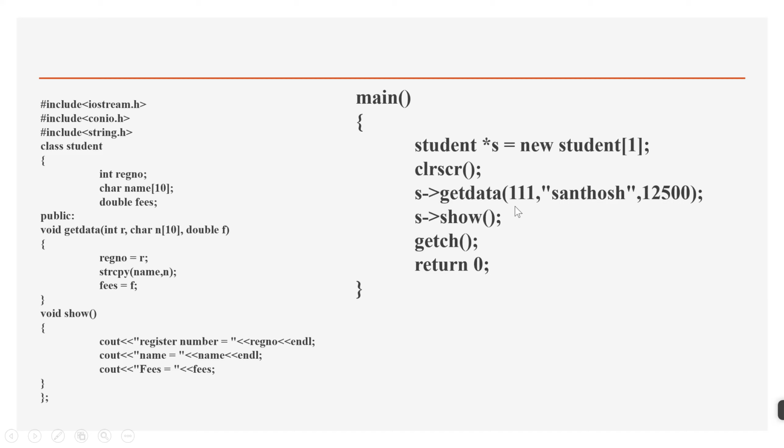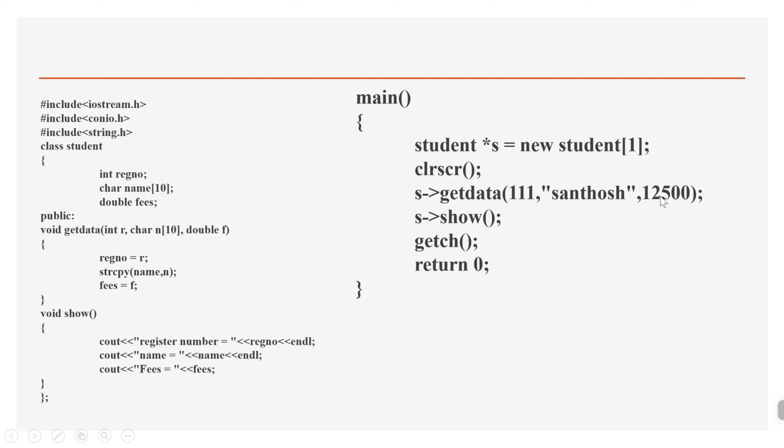What is the data I am passing? 111, so r is 111, and register number becomes 111. Now Santosh: string copy n, Santosh, to name, so name becomes Santosh.